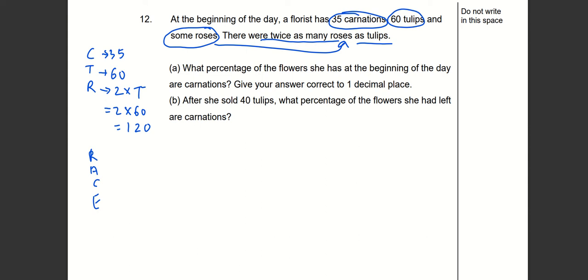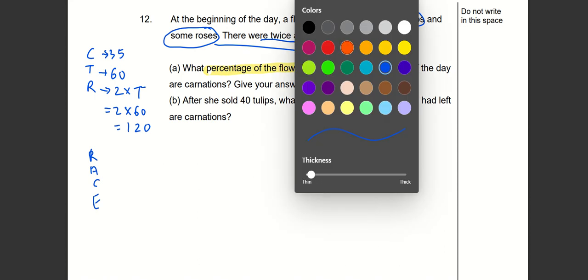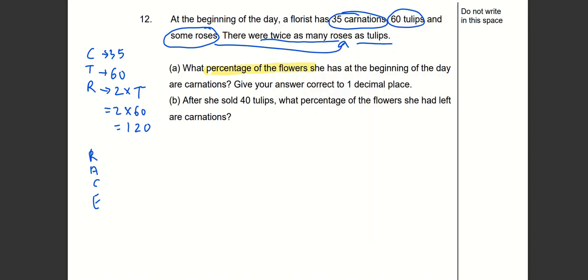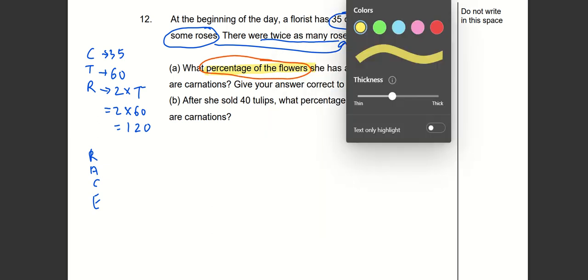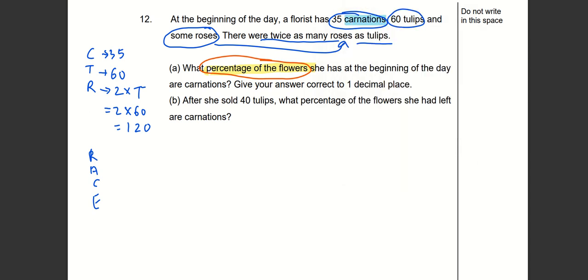Okay, so next part. The question asked here, first part, A: what percentage of the flowers she has at the beginning of the day are carnations? So if I color this blue for carnations, percentage of the flowers at the beginning of the day are carnations.